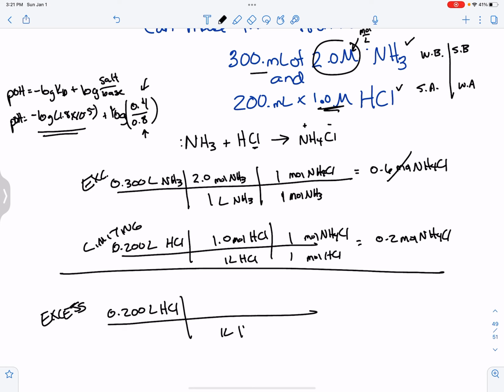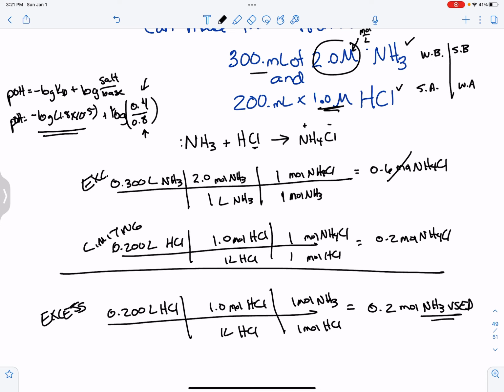And then if we have excess, remember I take my limiting, the 0.200 liters of HCl. In 1 liter of HCl, I have 1 mole of HCl. And then in 1 mole of HCl, I've got 1 mole turning into the excess, the NH3. So that means that I have 0.2 moles of NH3 that are used.